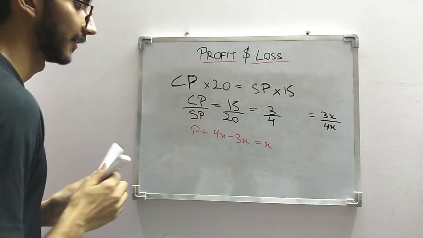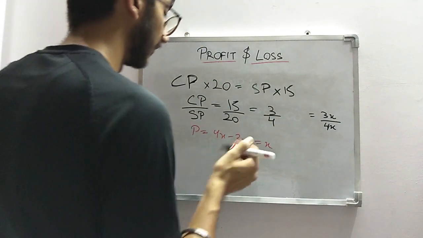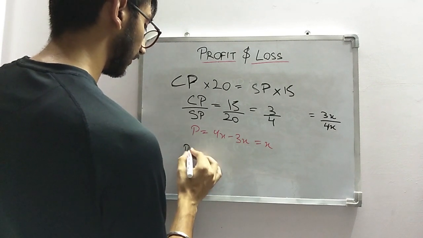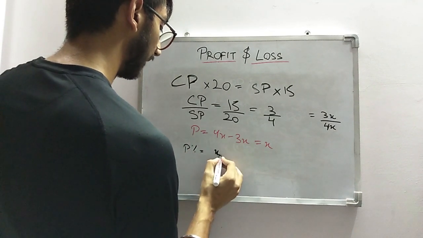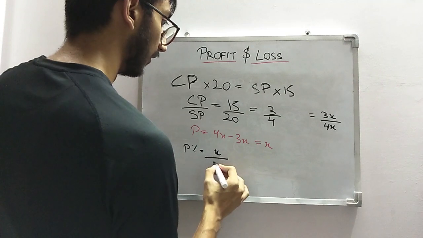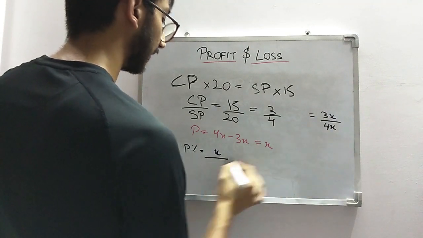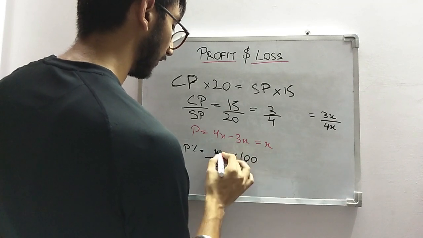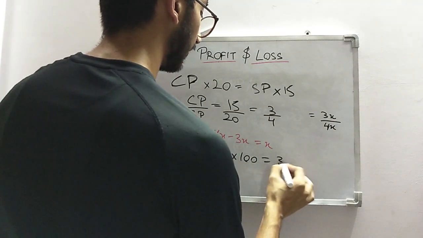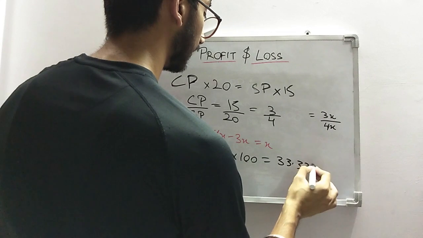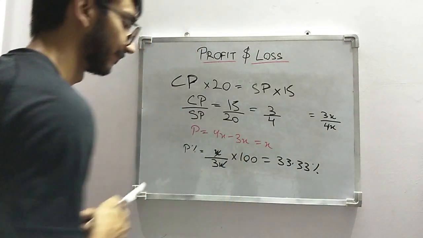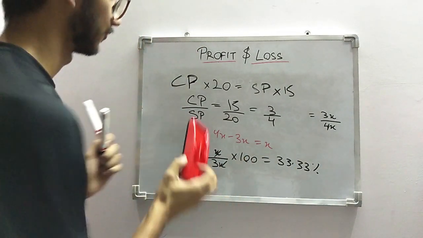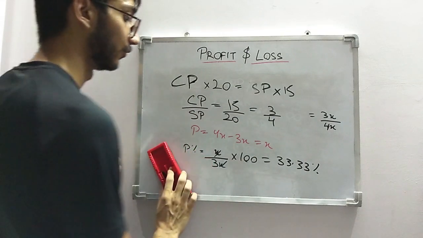My question is that I need to calculate the profit percentage, right? So profit percentage equals x upon cost price, that is 3x, into 100. So that is 33.33%. That was our first question, and I think you have understood it.